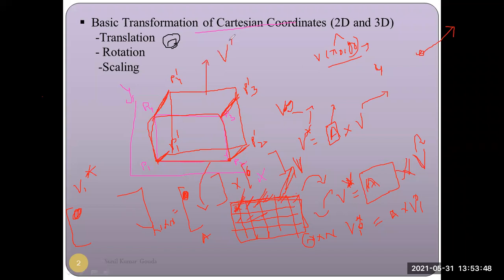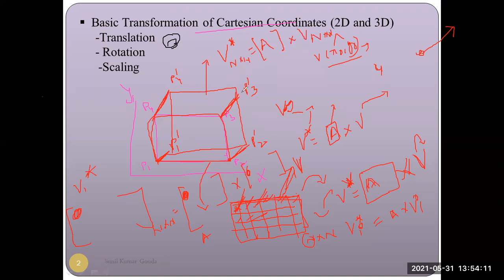So how to find the equation? V star represents a matrix, and the matrix depends upon the size. If it is a two-dimensional image, then it will be an n cross n matrix, which is nothing but A, your transformation matrix, into V, your original image of each coordinate.